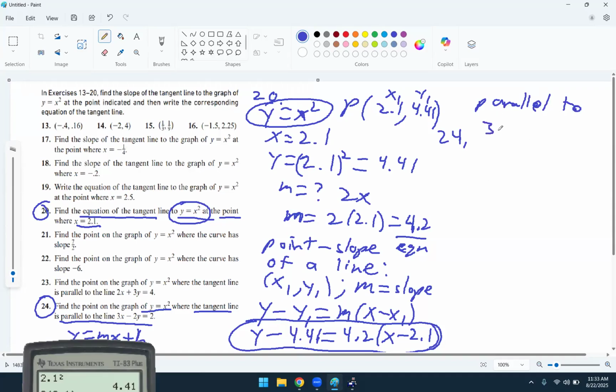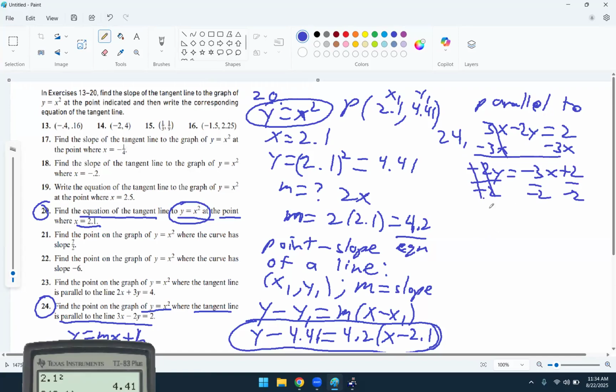Now, remember from algebra, parallel lines have the same slope. So we just have to find the slope of this line. You can get it in mx plus b form. Solve for y. Subtract 3x on both sides. We're going to get negative 2y equal to negative 3x plus 2, and divide by negative 2.